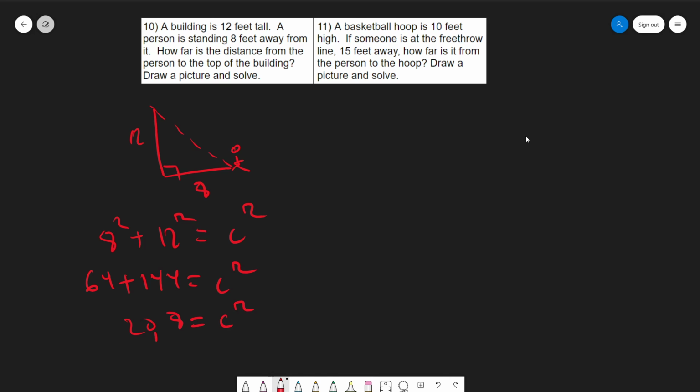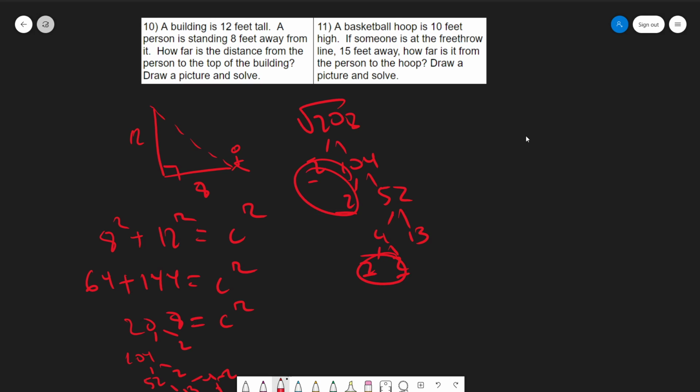So what can we take out of that? Looks like we could take a 104 and a 2, and then a 52 and a 2, and then a 13 and a 4, and then a 2 and a 2. Okay, that's super messy. Let's move this up here. 208. Okay, so we got 2 2s, 2 more 2s, and 13 left inside. 4 root 13 in feet.